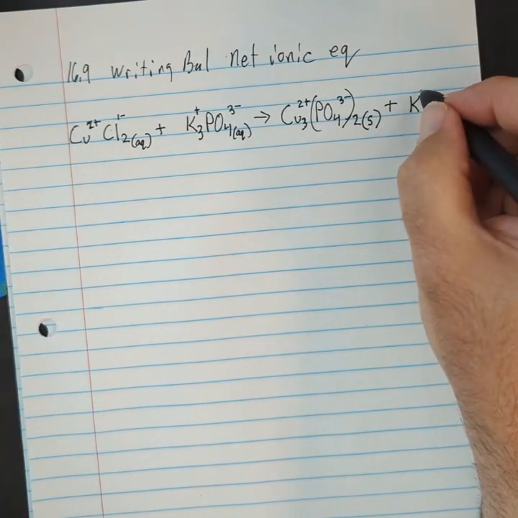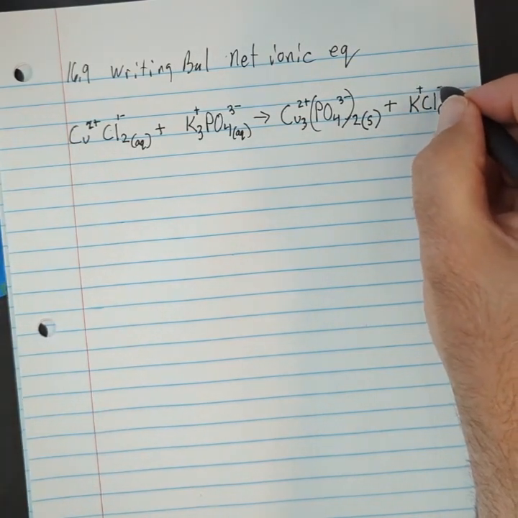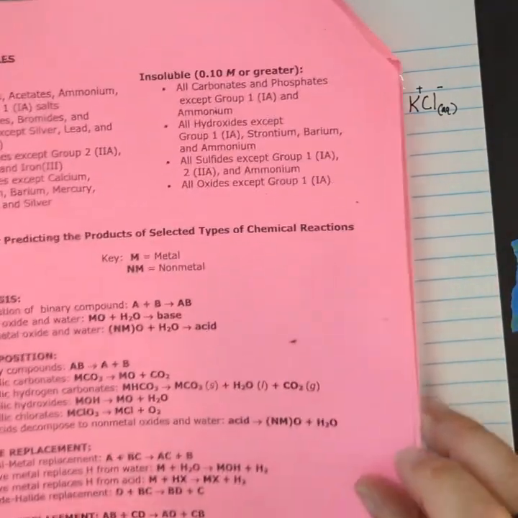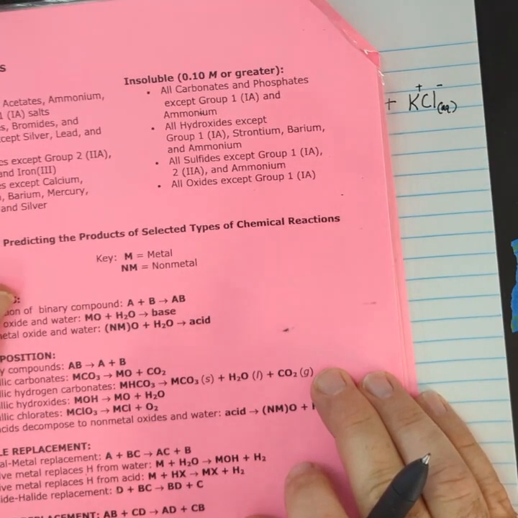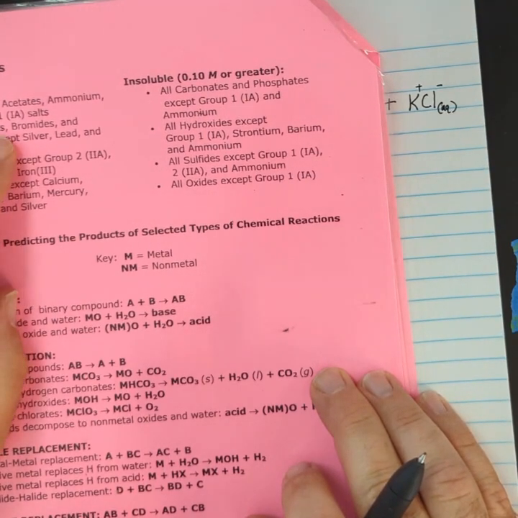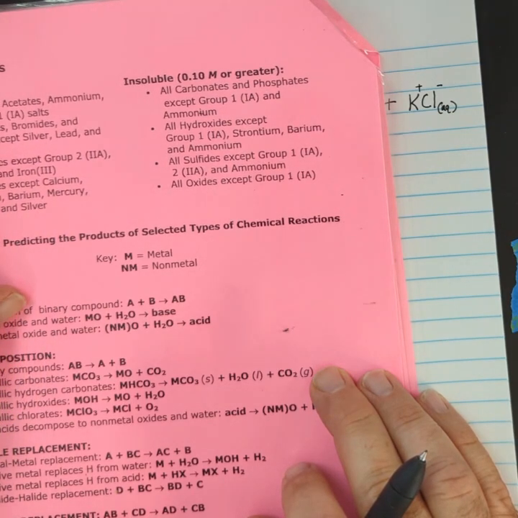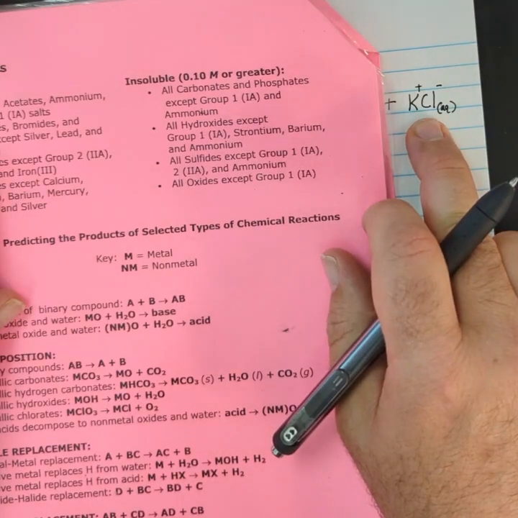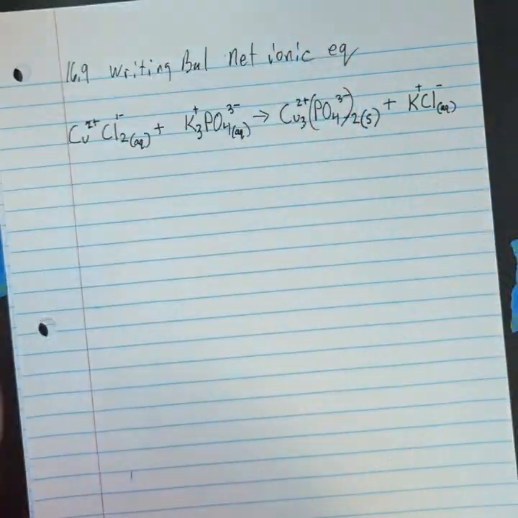Potassium is a 1 plus and chlorine is a 1 minus. If we look at the solubility rules, all chlorides, bromides, iodides, except silver, lead, and mercury, are soluble in water. So since this is a chloride, it is soluble, so it would be aqueous.